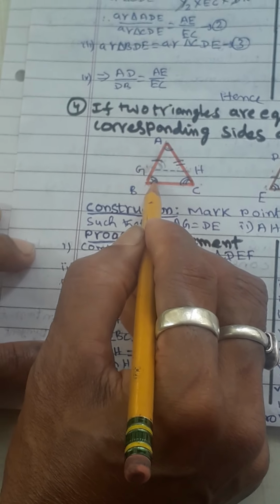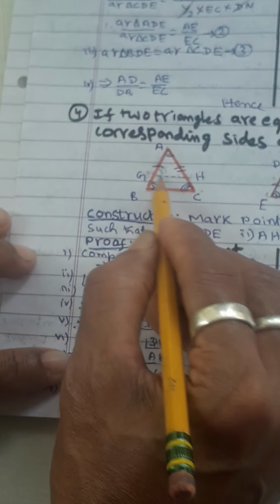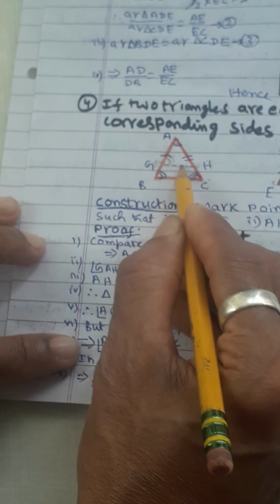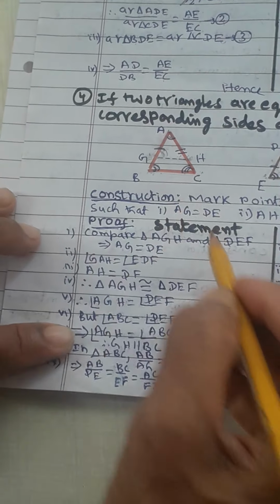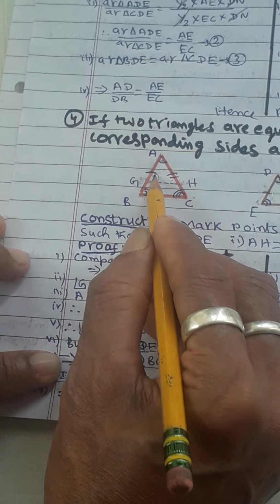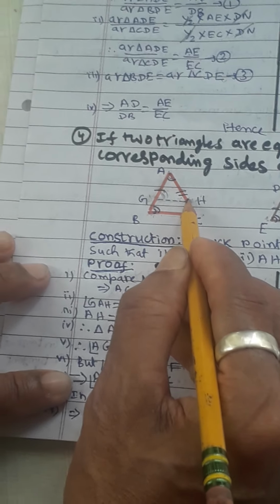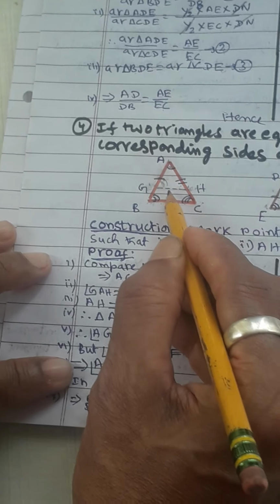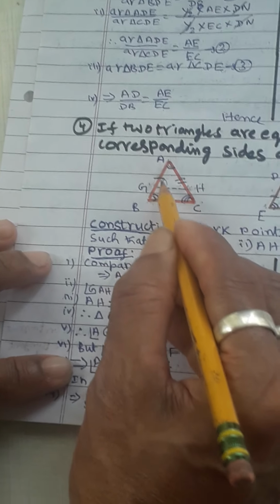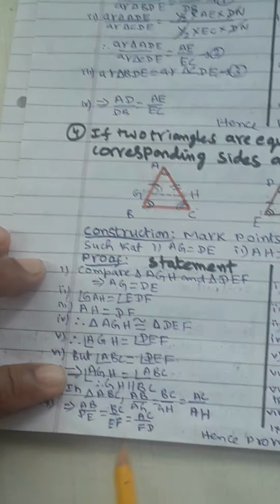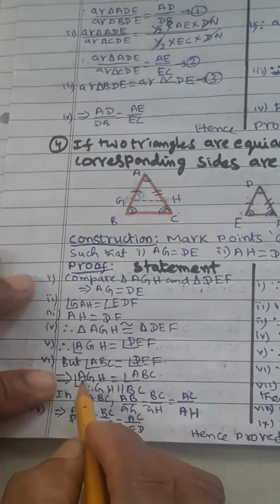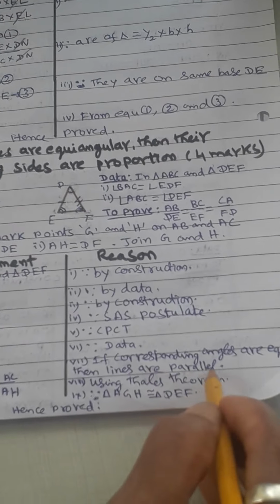Why? We know that the line we have drawn makes corresponding angles. So angle AGH is equal to angle ABC, because if corresponding angles are equal, then the lines are parallel.